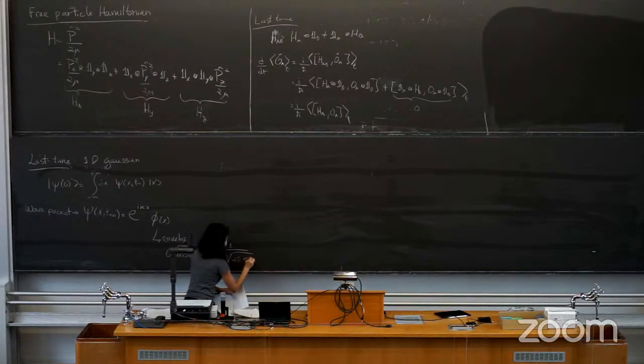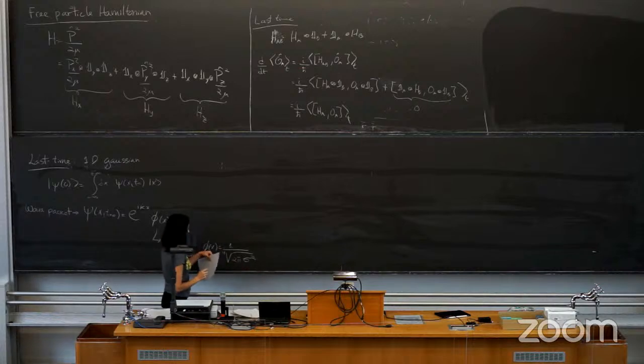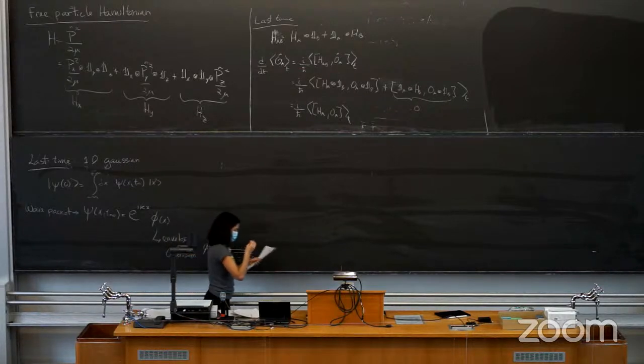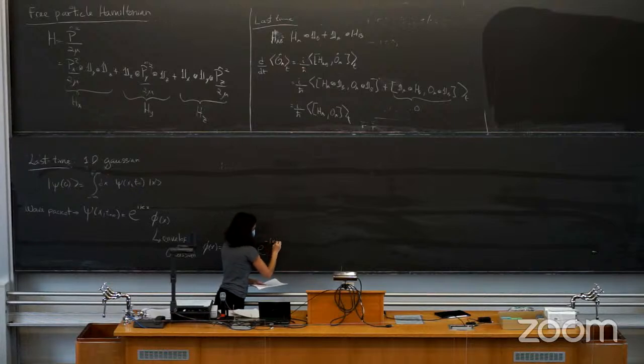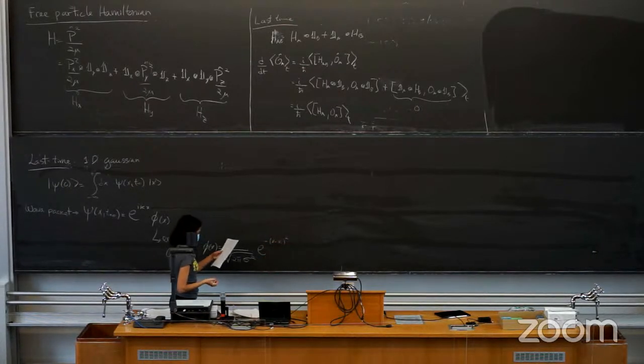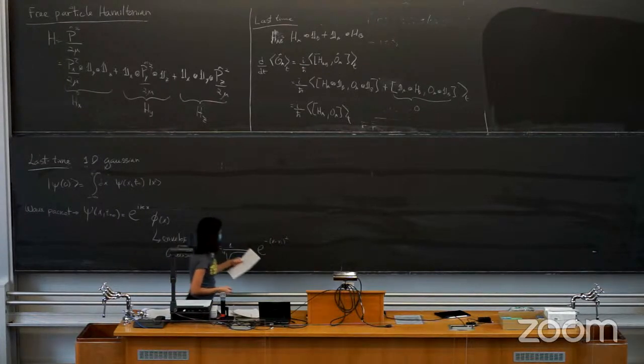Well, what is Gaussian is not this, it's the square of this. E to the minus something like this. I'm missing a sigma squared here. I'm going to put it here, but I'm not sure.